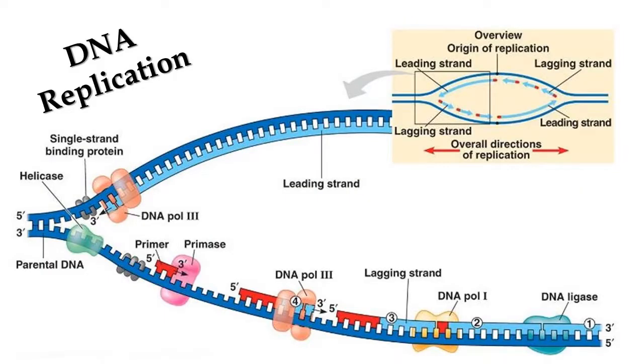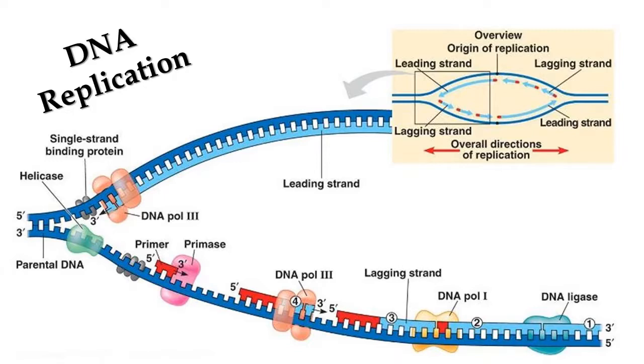I'll just go into telling you what happens at the replication fork. So this is the next slide. Now if you see this bubble, you have the leading strand which moves towards the fork and the lagging strand which tends to move away from the fork. I told you the DNA replication goes in a 5' to 3' direction.